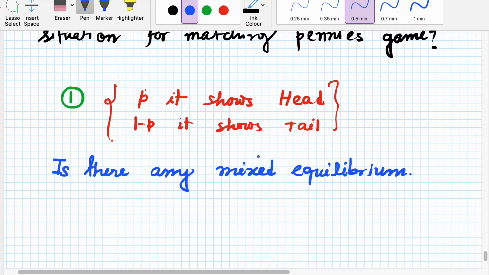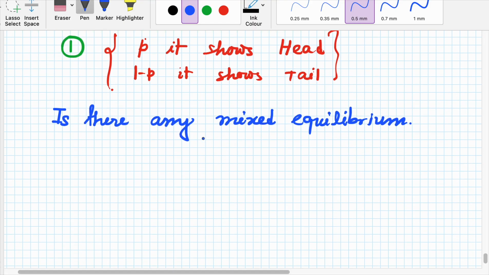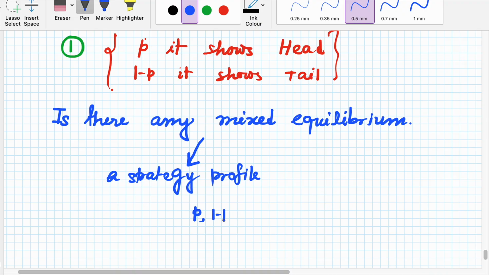That means we want to explore whether or not there exists a strategy profile which corresponds to the probability of playing each action. Suppose with probability p player 1 plays head, and with probability 1 minus p plays tail.